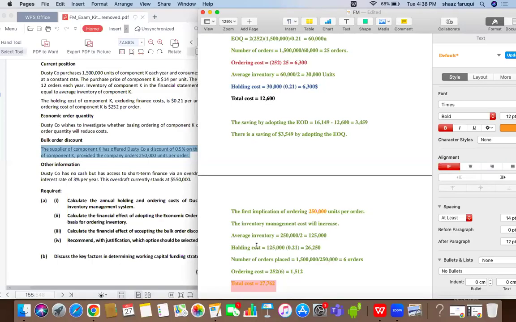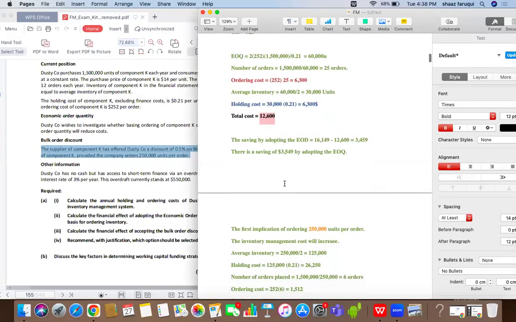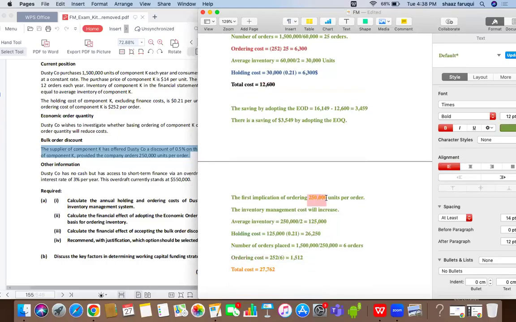Why am I calling it miserable? Because at EOQ, if I buy 60,000 units at a time, I will spend only 12,600. But by buying 250,000 units at a time, I am spending more than double.